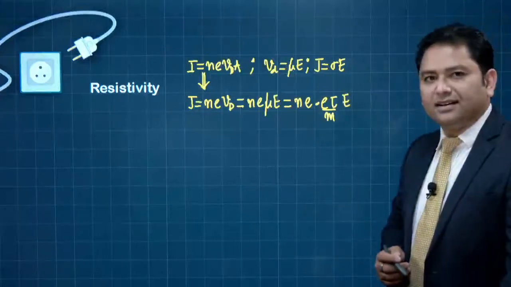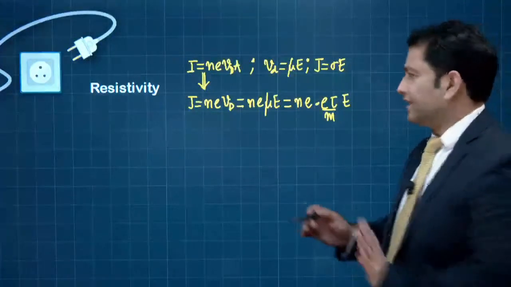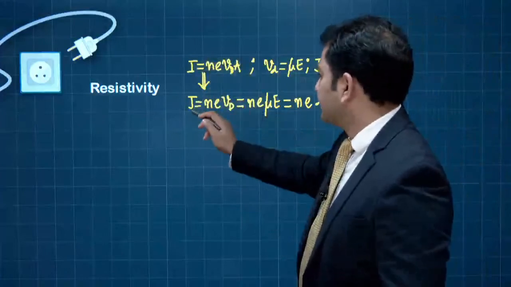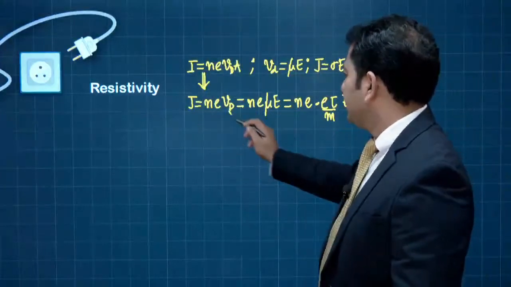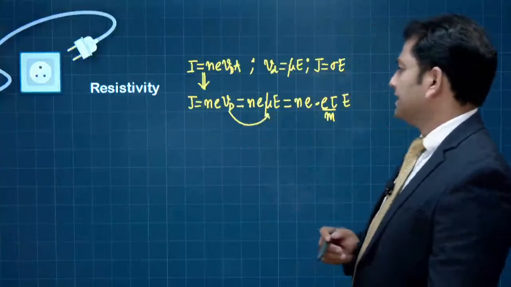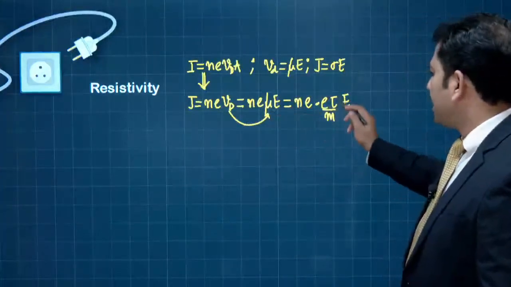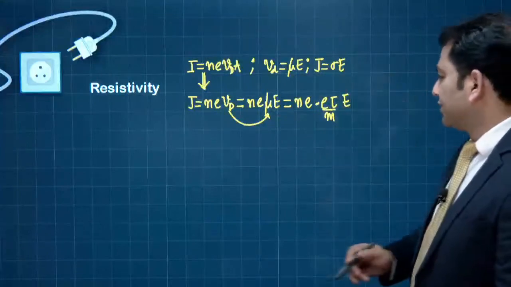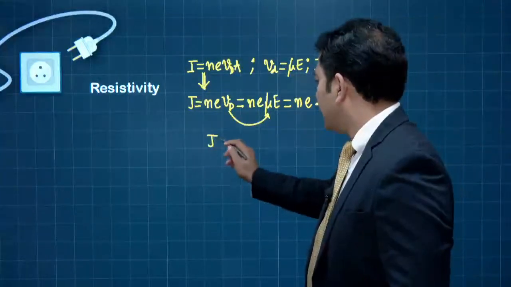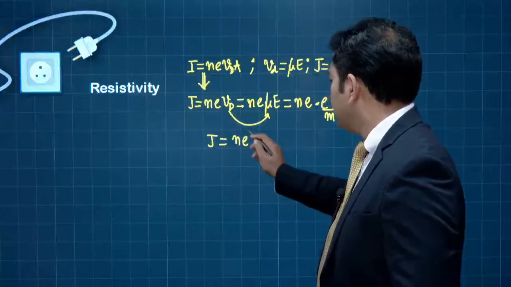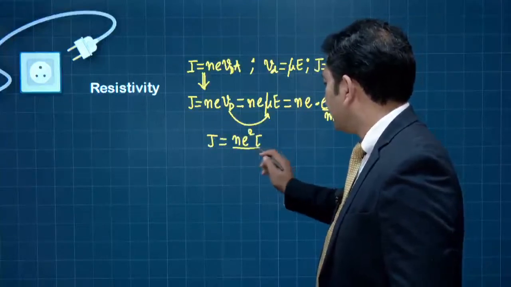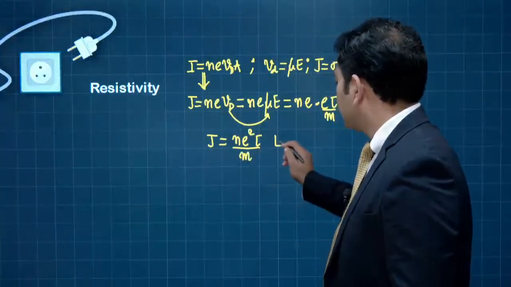I think that's clear, right? I by A, that's J, Ne Vd. In place of Vd we have put mu times E, and in place of mu we put e tau by m into electric field. That's what we got. And J now comes out to be N e squared tau divided by m multiplied by electric field.